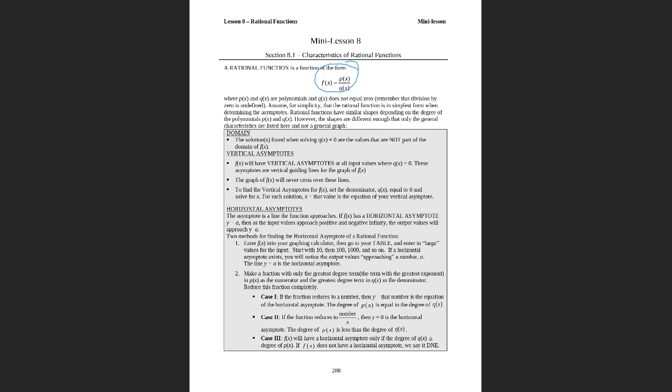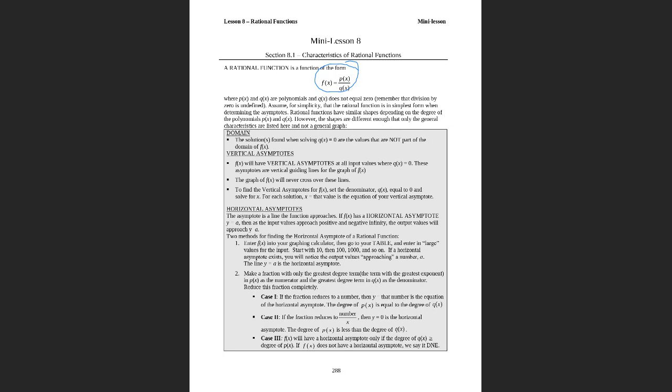These are representations of some functions. p of x and q of x are polynomials. q of x must not equal 0, because if it equals 0, then p of x divided by 0 is going to be undefined. So that is one thing you should always remember.